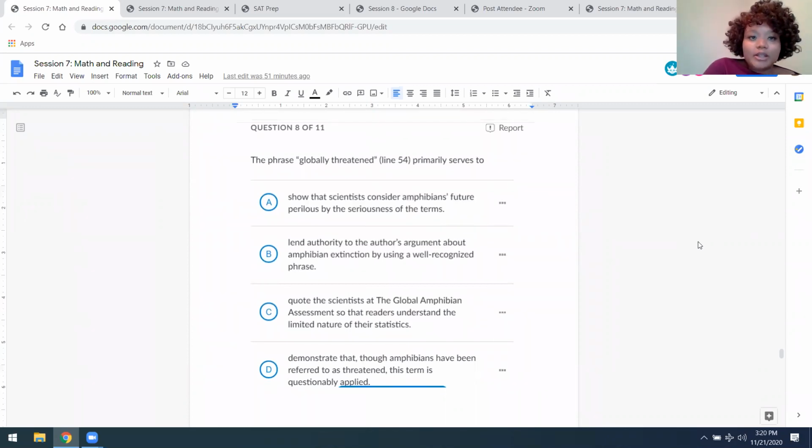Okay, question 8. The phrase globally threatened primarily serves to show that scientists consider, all right, so 8 is A and I have a B and an A. The phrase globally threatened primarily serves to show that scientists consider amphibians' future perilous by the seriousness of the terms.